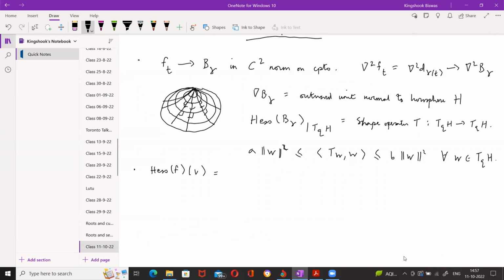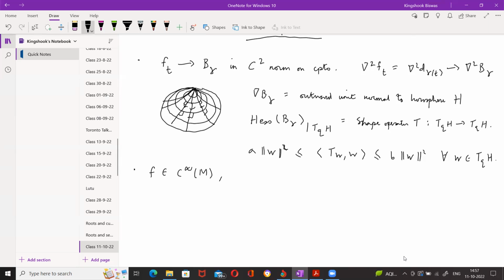Okay, let me look at the quadratic form. Let me start this way. Suppose f is a smooth function on M.